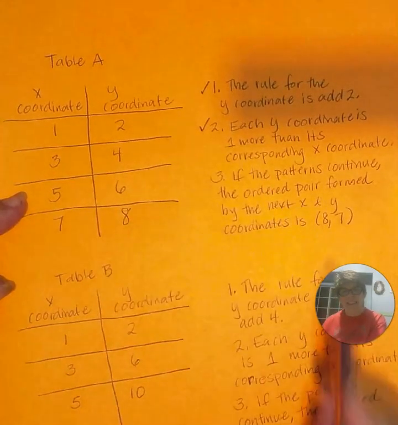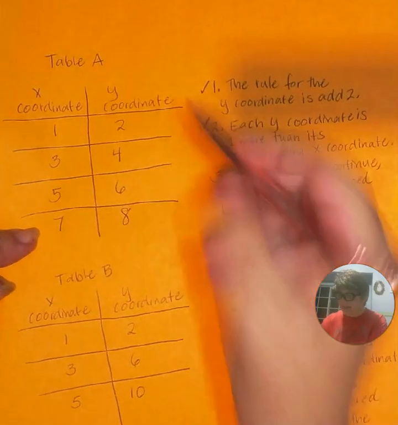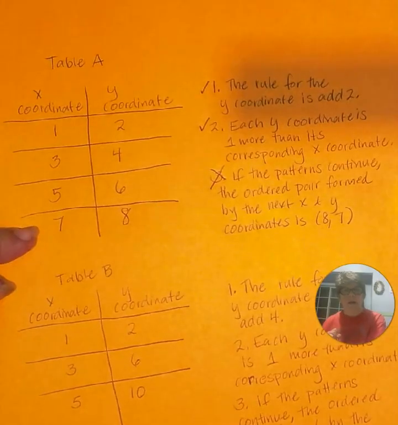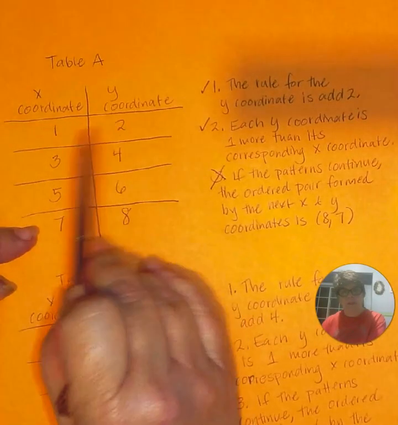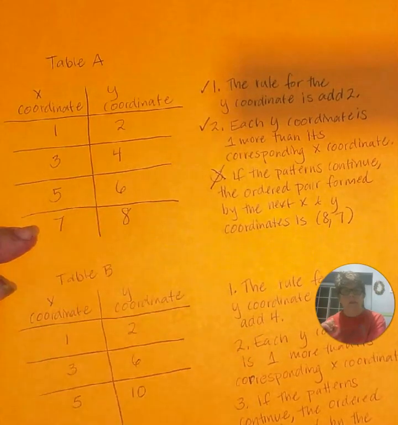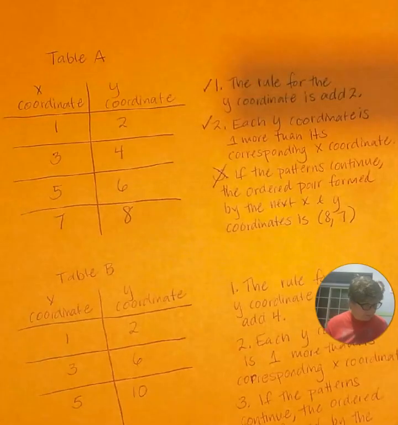Not 8, 7, but 7, 8. So that one is not true. That one is false. Okay. We can also look at the pattern here, going corresponding 1 to 2, 3 to 4, 5 to 6. All right. 7 to 8. Looks good. Okay, very good.